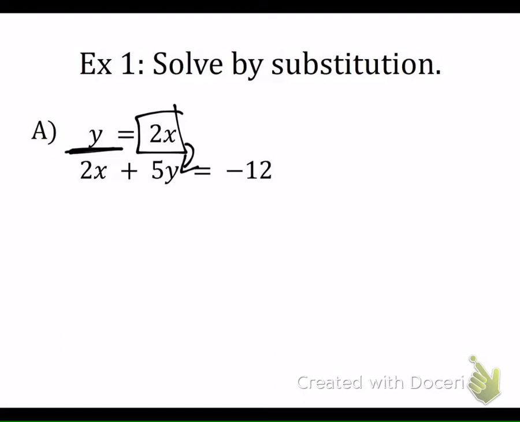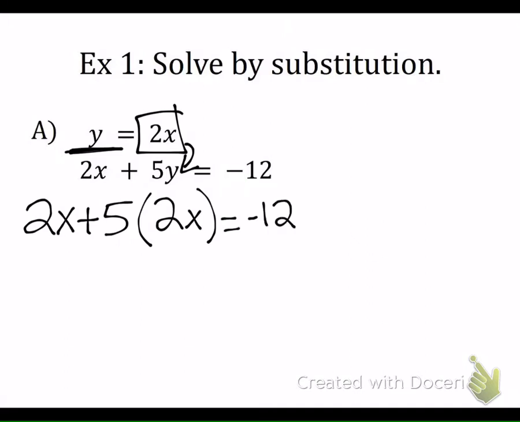I'm going to put a 2x in instead. So I'm going to rewrite that second equation, but instead of a y, I'm substituting in what y equals. And now I can solve for the x. The whole point is you got to get rid of one of the variables first. You need an equation that's either all x's or all y's.